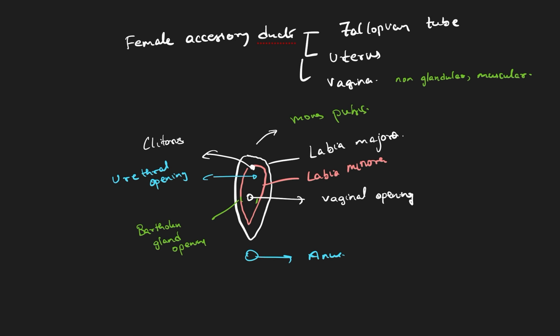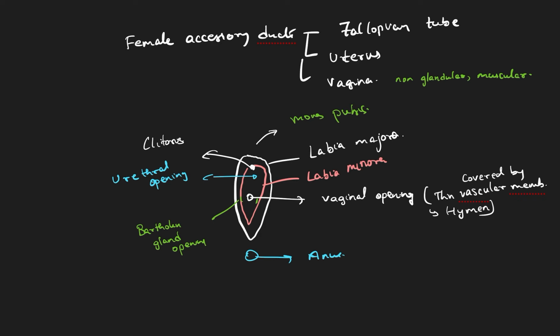And basically if you talk about the hymen, here it is partially covered by a thin vascular membrane called hymen. Most people think that after intercourse it has to break. It's not necessarily true.